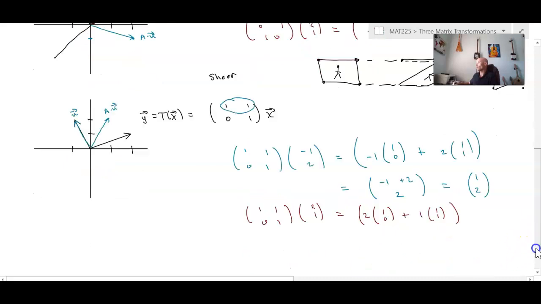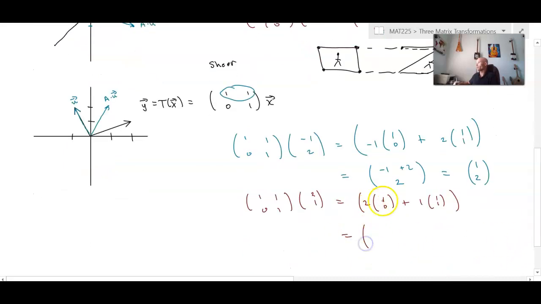Now again, notice that what's going to happen here, 2 times 1 plus 1, well again, that just adds the x and the y components to form the new x component, and the y component remains 1. So now we get the vector 3, 1. Okay, so 3, 1 will be more over here, like that. And there's our v vector.